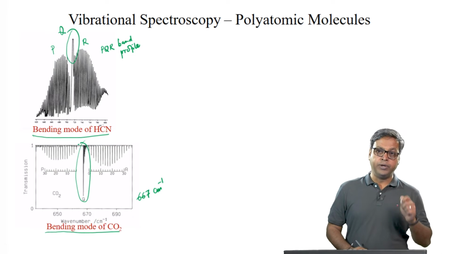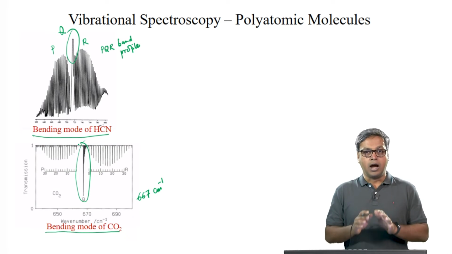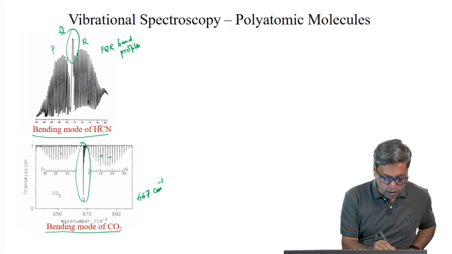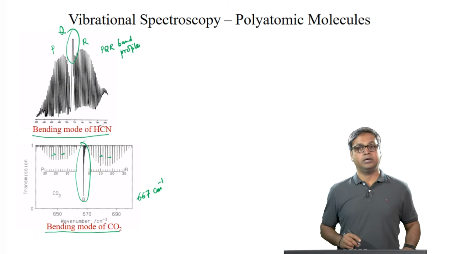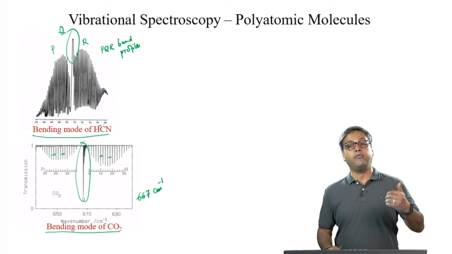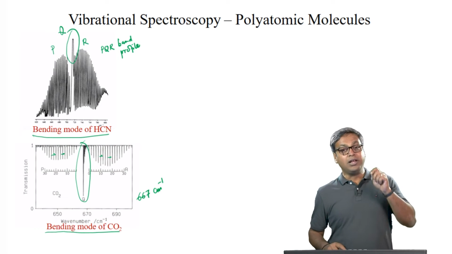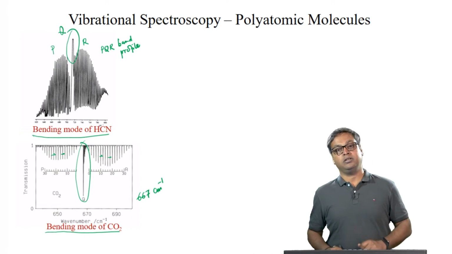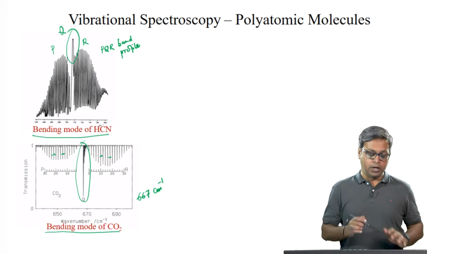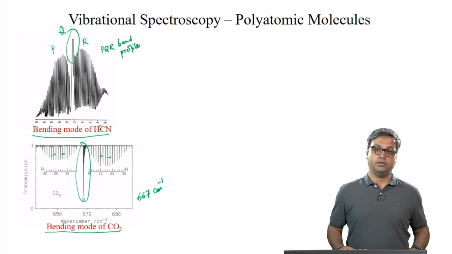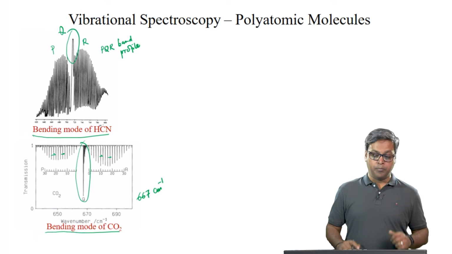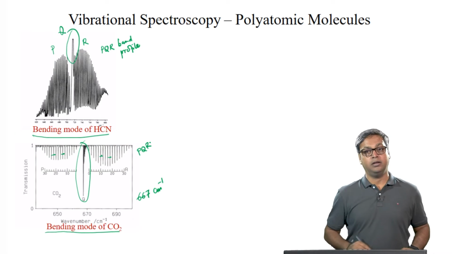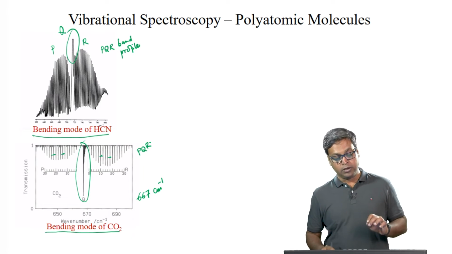The lines of P and R branches are separated. You can see these lines are all separated and they are not on top of one another. All the lines in the Q branch are on top of each other, and thus the Q branch is very intense. So, this is again a PQR band profile, which implies a perpendicular band.